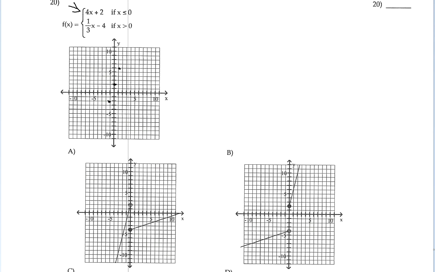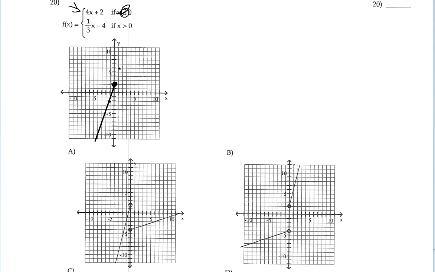Okay, and all of them less than 0, so my line is going to go from here to here. And at the tip there, because of this symbol of less than or equal to, I'm going to put a closed circle.